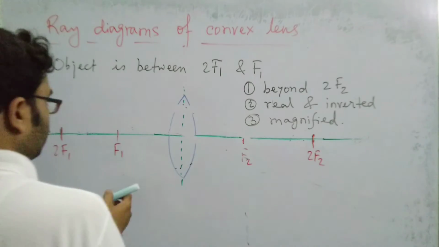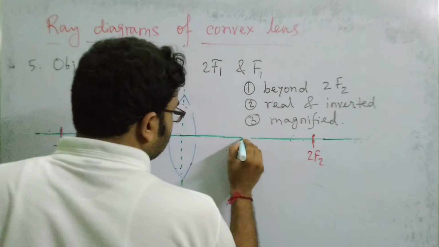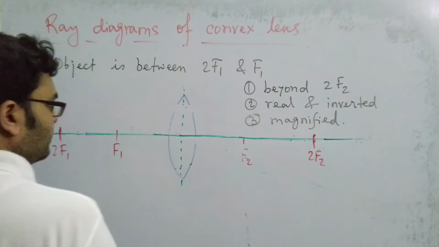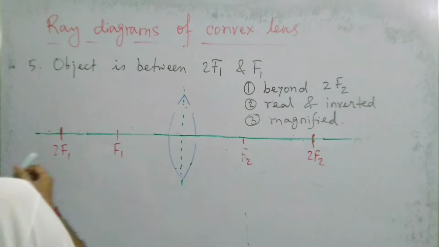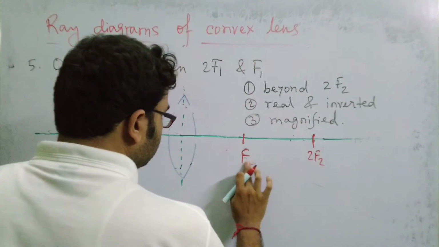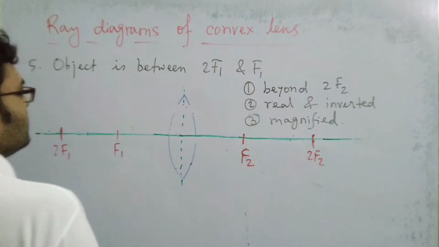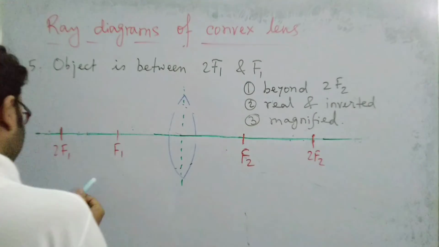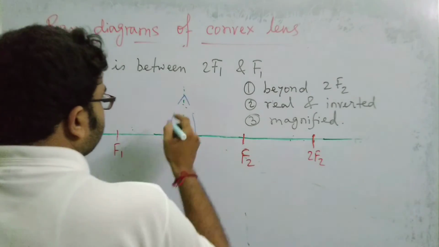Okay, so when the object is at f1, what happens? Let us see. f1. This is f2 as usual. F2.